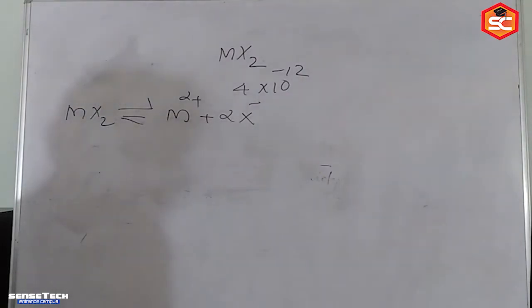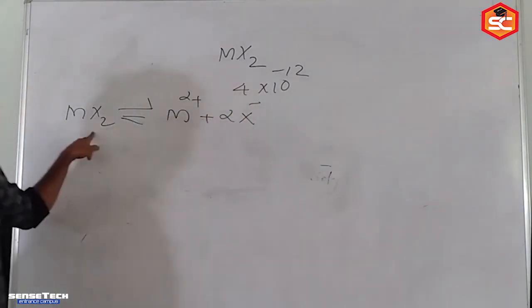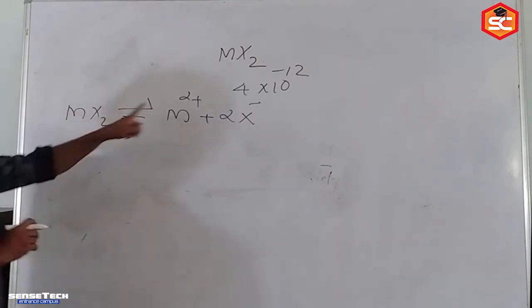Ksp is equal to 4s cube, correct? s into 2s the whole square. So 4s cube is Ksp. From that you calculate the value of s, the solubility. 4s cube equals 4 into 10 to the power minus 12. What is s? s is 10 to the power minus 4.